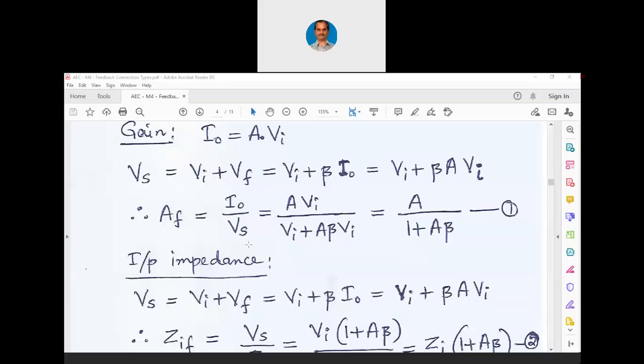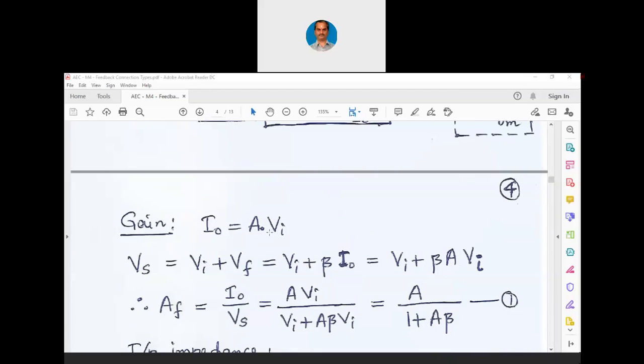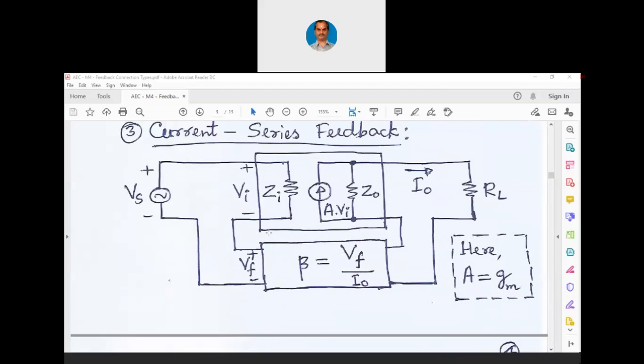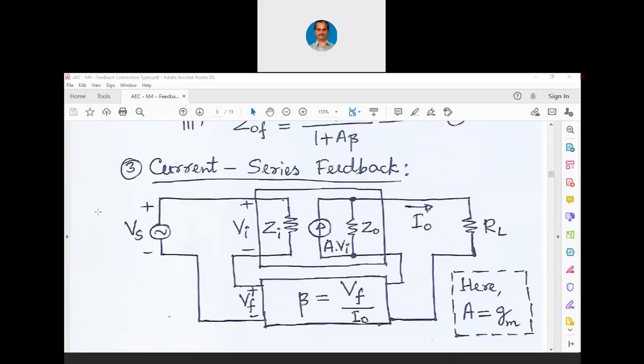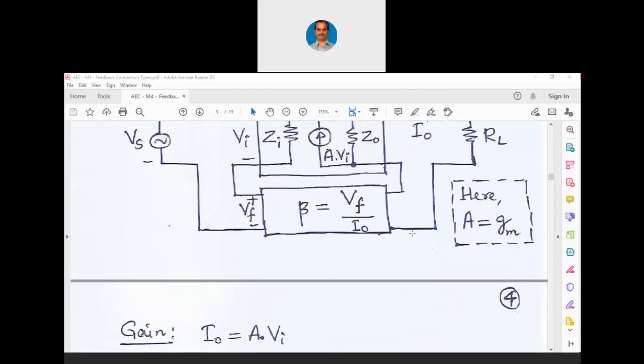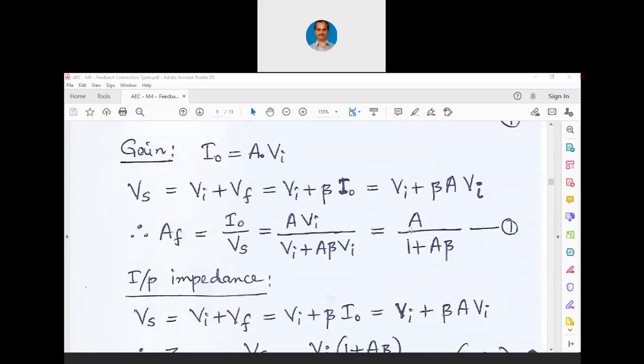Remember, the gain is now transconductance. Now this amplifier can be called a transconductance amplifier. The current series feedback amplifier can be called a transconductance amplifier because the voltage is going to be converted into current there. Earlier one was called a transresistance amplifier. It is because of the feedback connections.